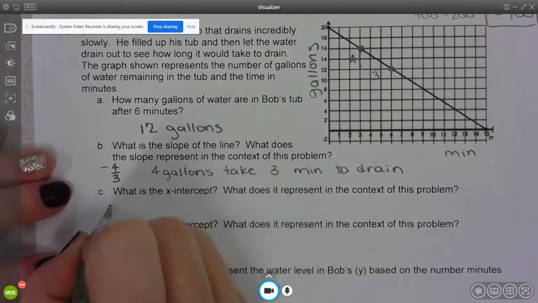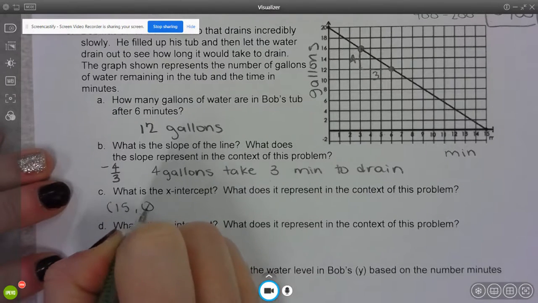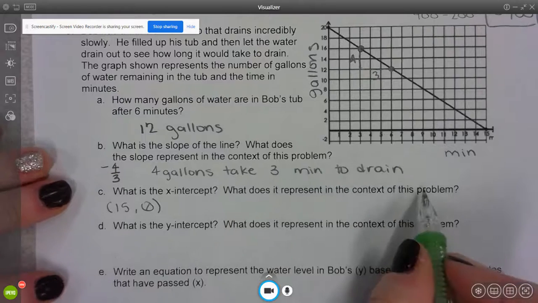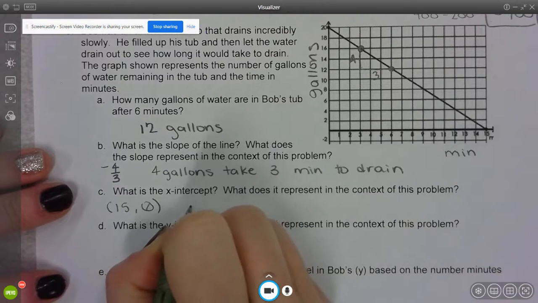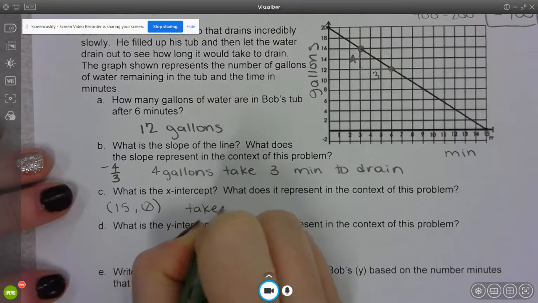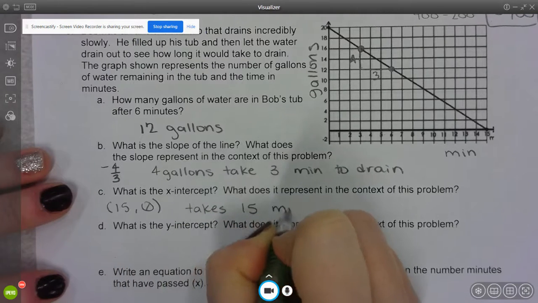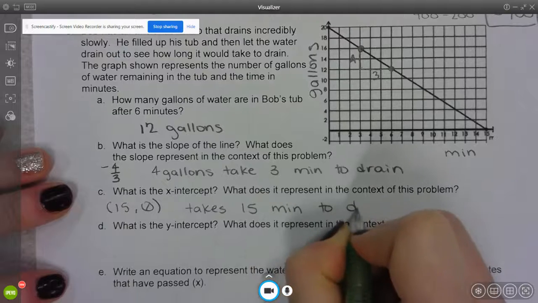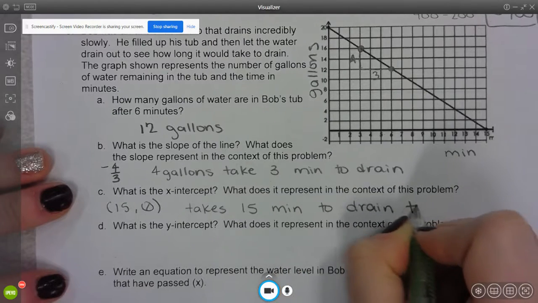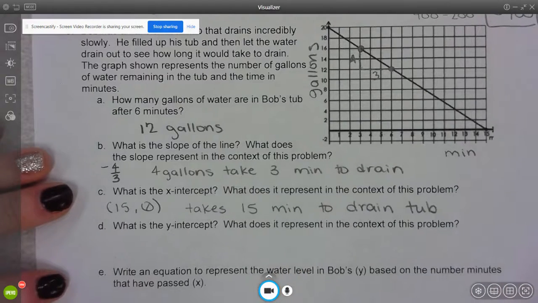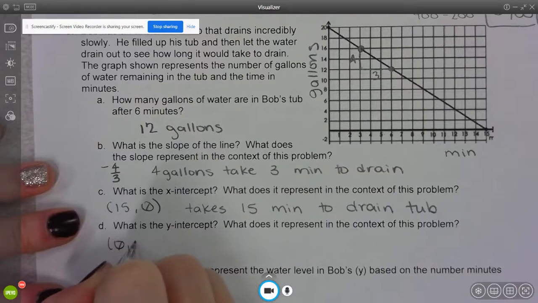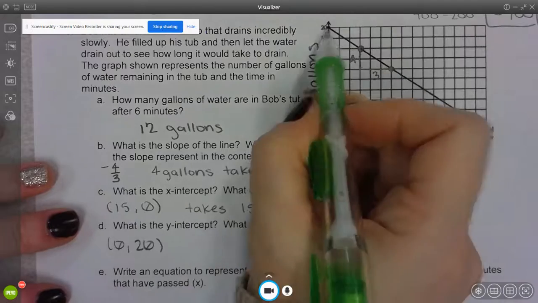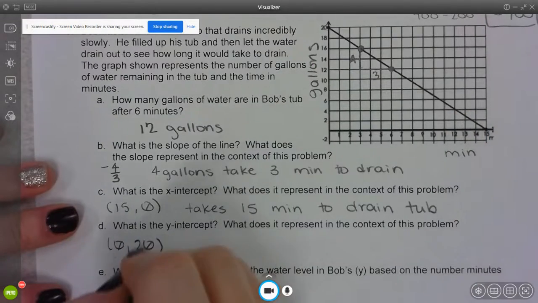The x-intercept is 15, 0, and it represents in this problem when his tub is empty. So it takes 15 minutes to drain the tub. The y-intercept is 0, 20. It's this point here.